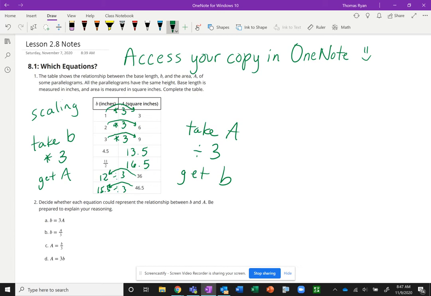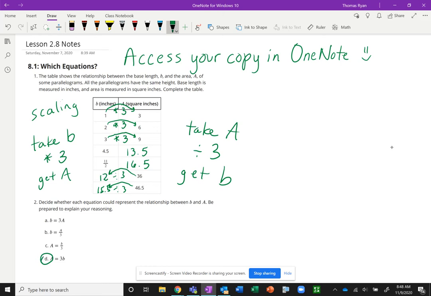So sometimes, if we're given A, we can divide by 3 and we get B. It all depends on which variable you have, which leads us to part 2, which says decide whether each equation could be the relationship. Basically we have two relationships here. If you have B, then we're timesing by 3 to get A, or if you have A, we're dividing by 3 to get B. Is there an equation that takes B, times it by 3, and gives us A?